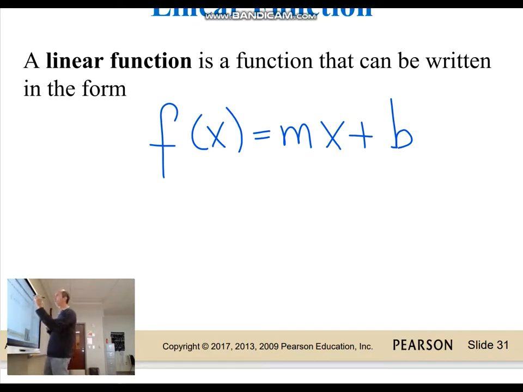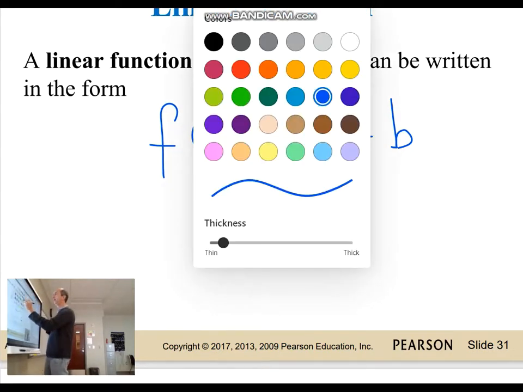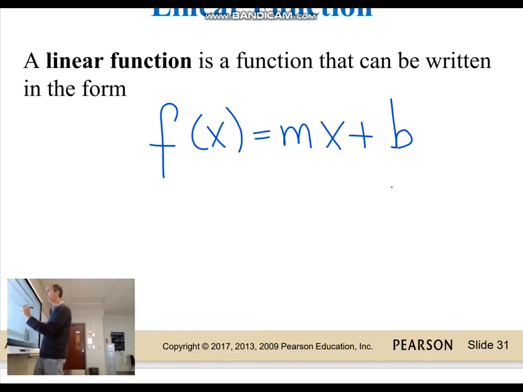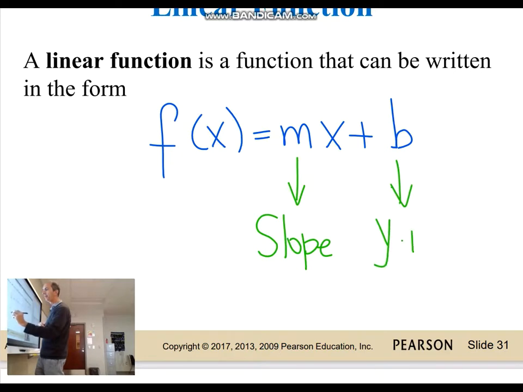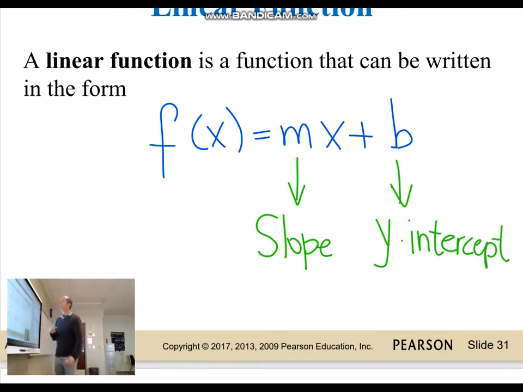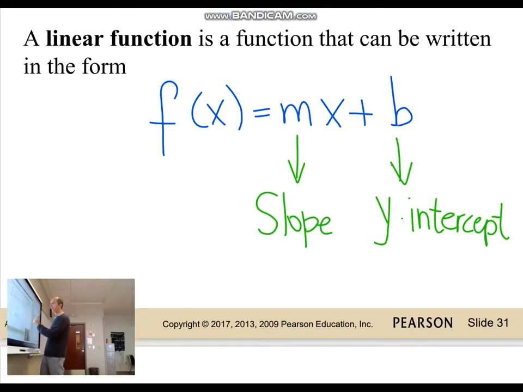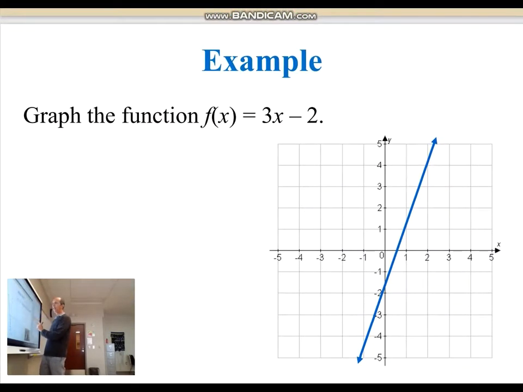It's very helpful to graph the function because m is the slope, right? m is the slope, and b is the y-intercept. So if we have a linear function written in this form, then we can easily graph it.